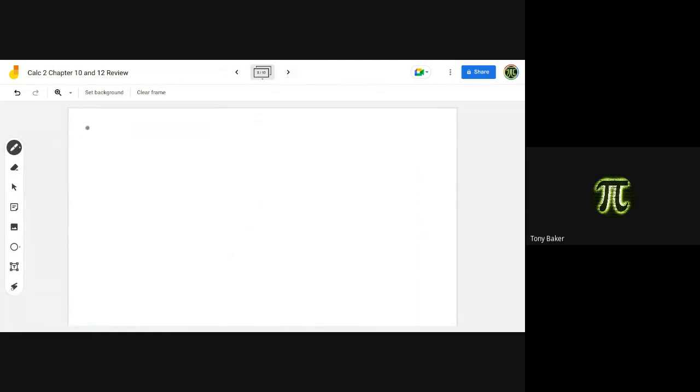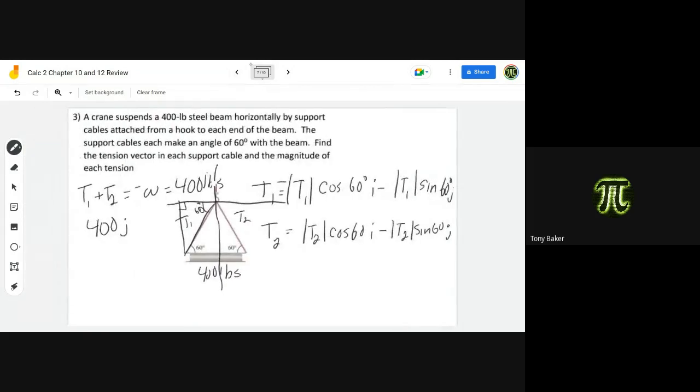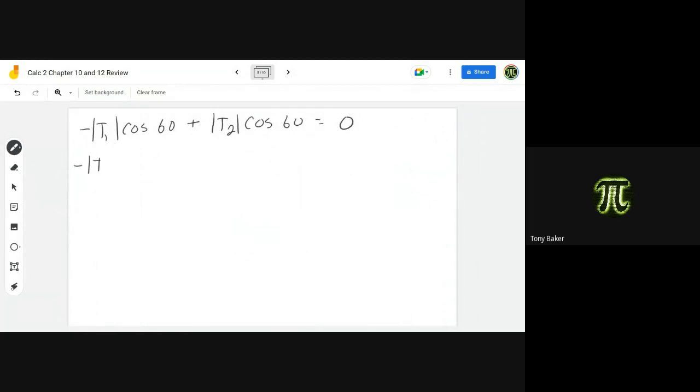So we have negative T1 cosine 60 plus T2 cosine 60 equals 0. And then we have negative T1 sine 60 minus T2 sine 60 equals 400.